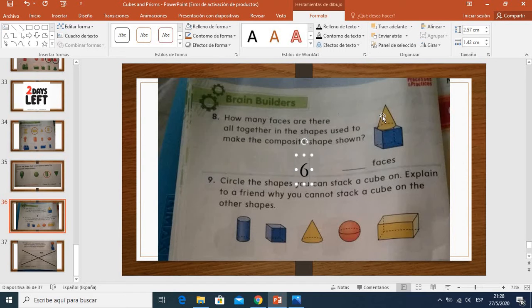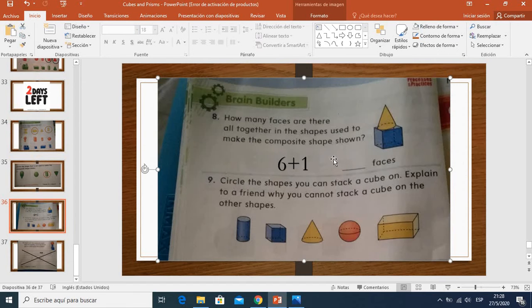Now, how many faces are in the cone? Only 1. Do you remember? The circle is the face of the cone. So I can add 6 plus 1. How much is 6 plus 1? 7, very good.